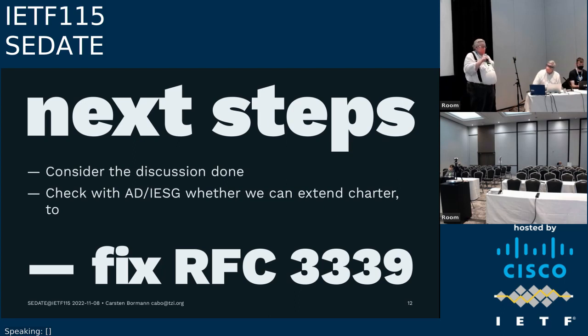Maybe I should remind people that the actual approach that is in the current document is not to do a 3339 bis. I don't see a reason to do that, but to actually just provide an update to 3339. So the RFC resulting from this process would have a tag on it, which says it updates 3339, and the metadata for 3339 would say this is updated by the current document.